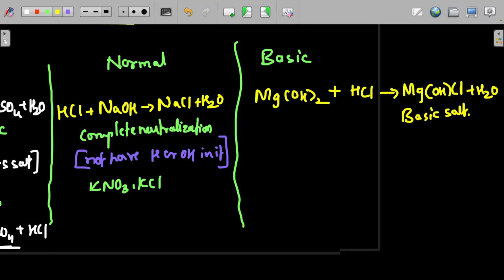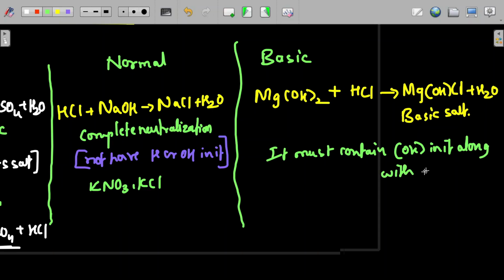When will you get a basic salt? When the base has more than one OH and it is not completely neutralized by an acid, then you will get a basic salt. And how to identify a basic salt? Simple. It must contain OH along with another non-metal, like here Cl is there.